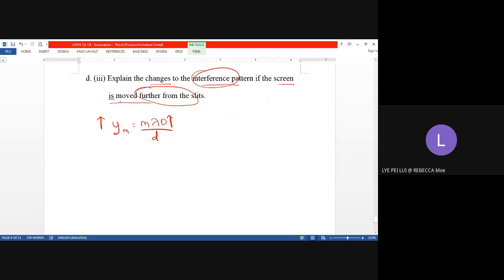We can conclude that the change of y, the fringe separation, is directly proportional to D. The distance from the double slit to the screen is capital D. If D increases, our fringe separation also increases. To summarize, therefore, fringe separation delta y increases.